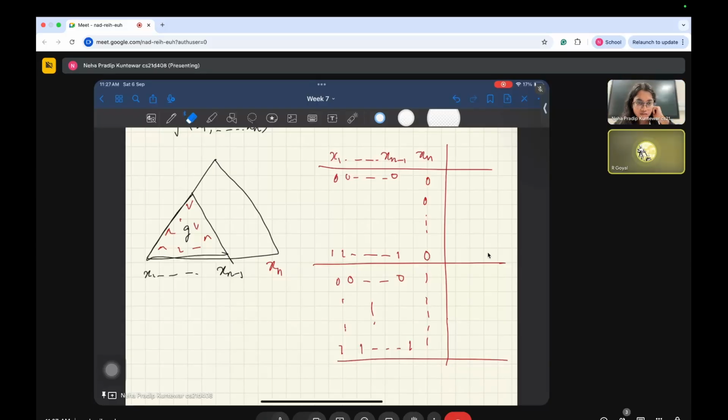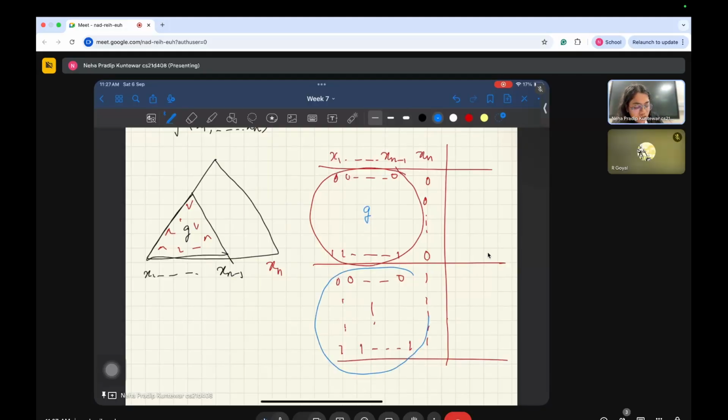Since till n minus one the things are perfectly fine somehow, I'll call this function G. There is some circuit corresponding to it that I already have, and this could be a different function, not necessarily the same G. This could be some H. It is still monotone.